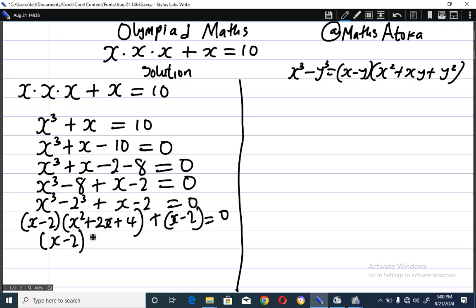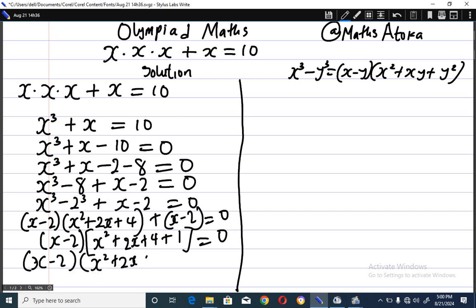So if you bring out x minus 2, what I have remaining here is x squared plus 2x plus 4. Then what I have remaining this side is plus 1. Okay, so it's equal to 0. So this is now x minus 2, okay, and x squared plus 2x plus 5 is equal to 0.